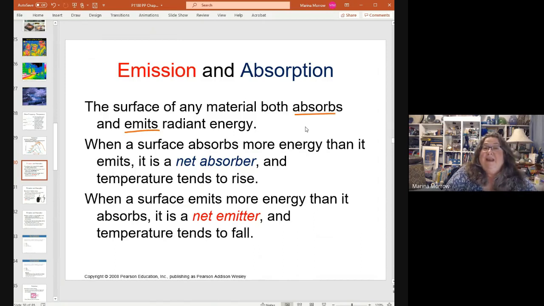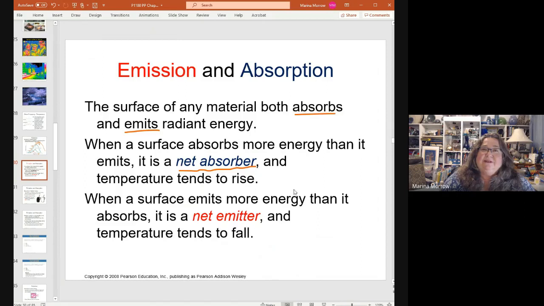But you're also emitting energy because your body is producing infrared radiation. So anyway, so your car, most things usually have a balance of incoming heat and energy that is being radiated away. However, if an object absorbs more energy than it emits, it's called a net absorber.